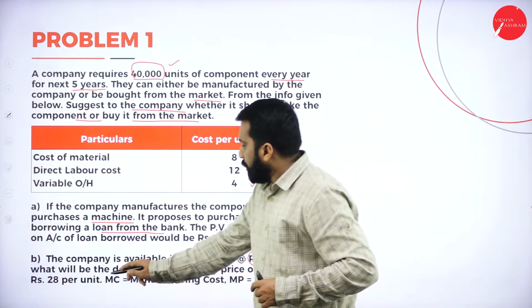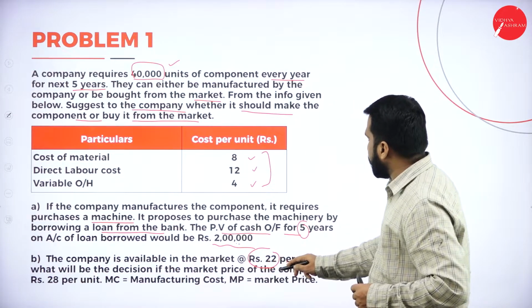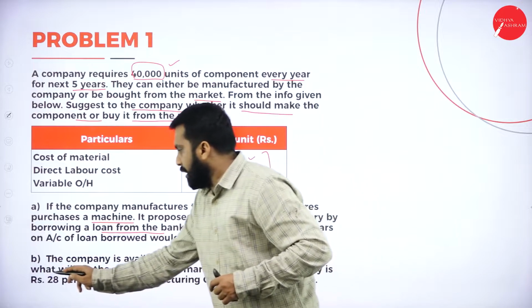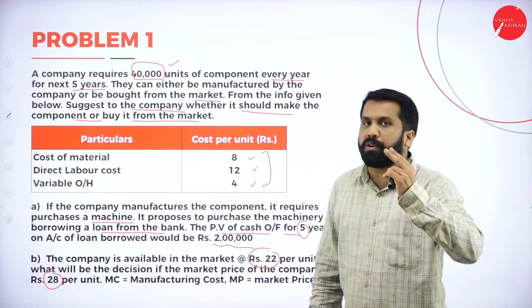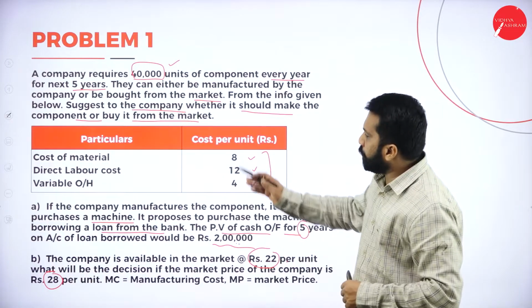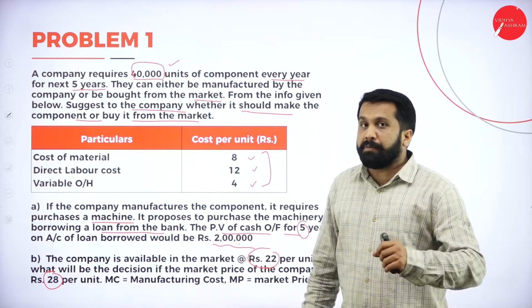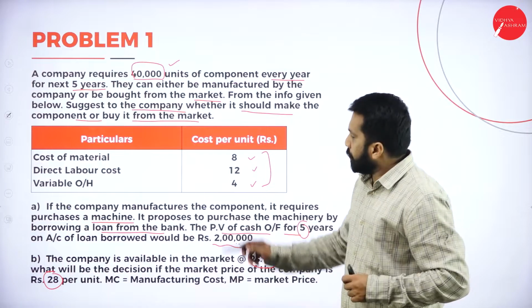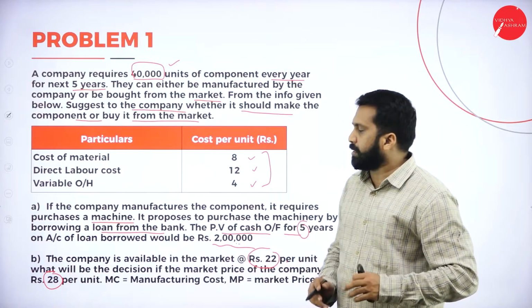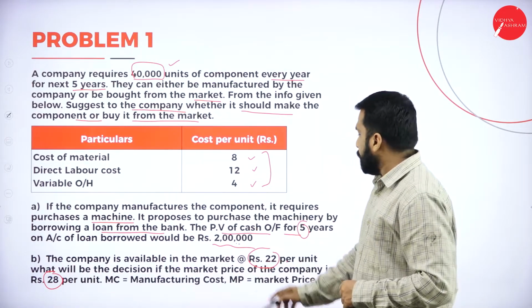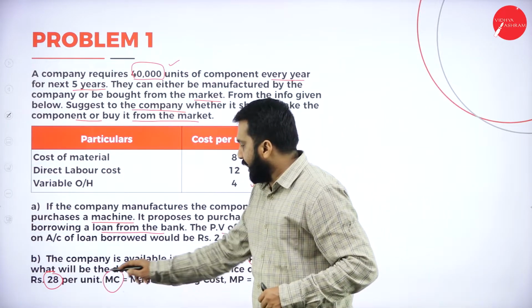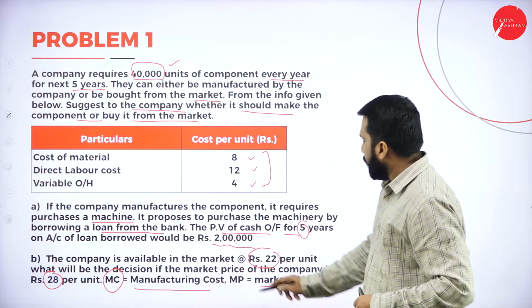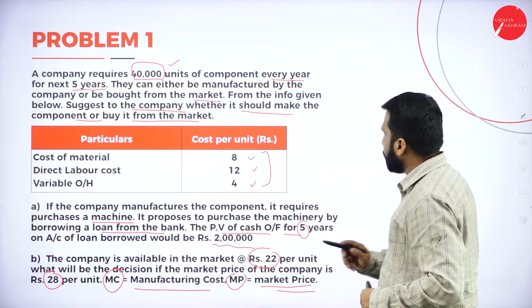And what will be the decision if the market price is 28? If it is available in the market for 22, what is your option? Will you go for make or buy? If the market price is 28, will you go for this? You are supposed to tell. Remember, MC stands for manufacturing cost, MP stands for market price.